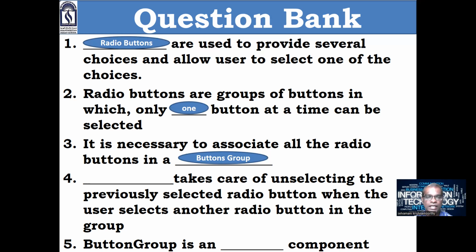Fourth one, dash takes care of unselecting the previously selected radio button when the user selects another radio button in the same group. Good, very good. Button group. Fifth one, button group is a dash component. Very good. It is an invisible component. We added button group 1 in the form, but it is invisible. You cannot see.